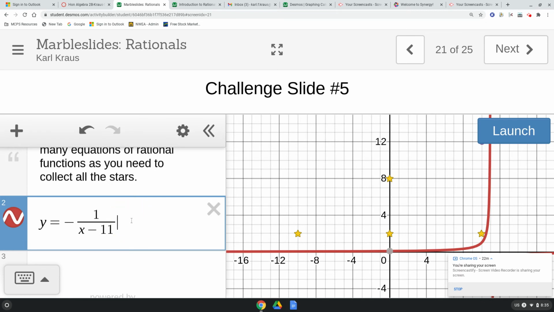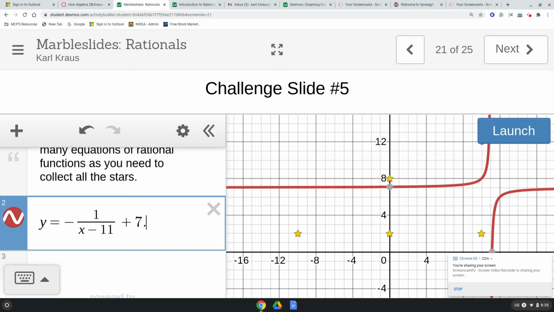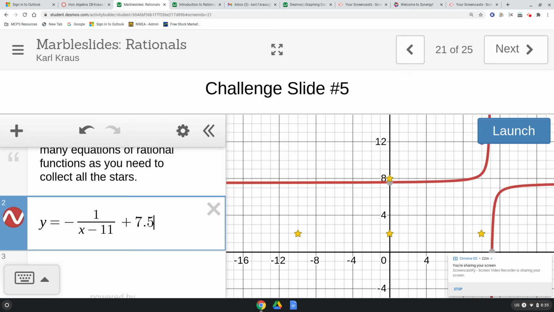So if I do plus 7.5, that moves the graph up there. Now I have to break this off here. So let's go for restriction here. X is greater than -12.